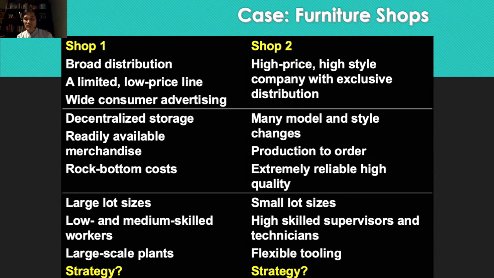What kind of strategy is this shop utilizing? It's cost strategy. And to fulfill the cost strategy, operations is tailored around the strategy. Walmart or IKEA would fit this example.